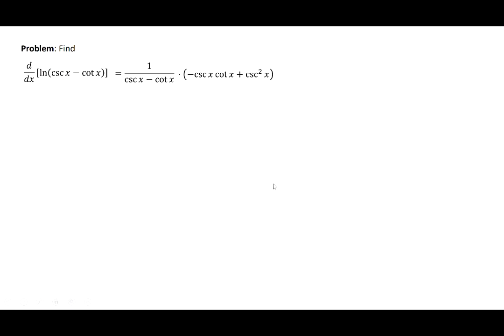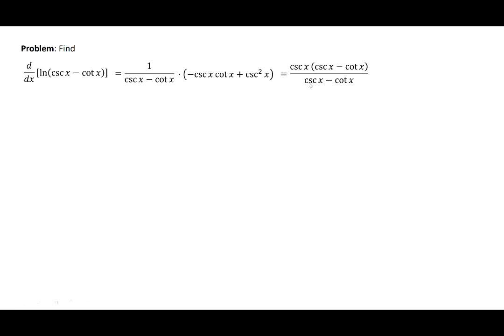Right? Okay, what's the big deal about that? The big deal is, can I factor out a cosecant x out of these two terms? And when we do, what do we end up with? We have cosecant x times cosecant x minus cotangent x over this denominator. That's what I wrote.